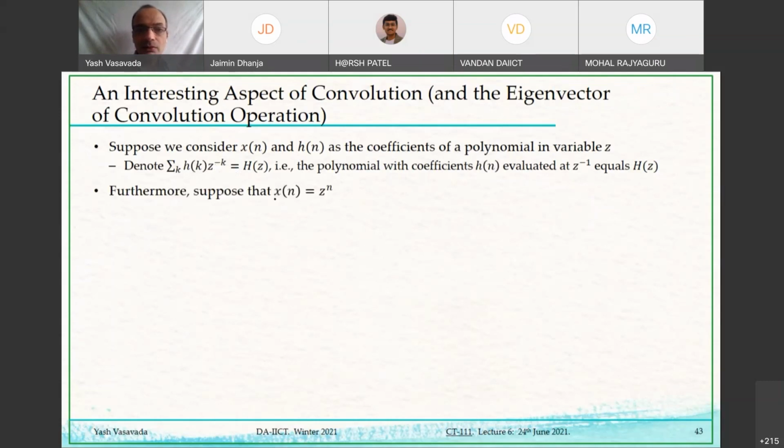Now, for x of n, I'm going to just make it z to the n. Actually I should call it the polynomial corresponding to x of n. So this is capital X of z, which is nothing but z to the n.